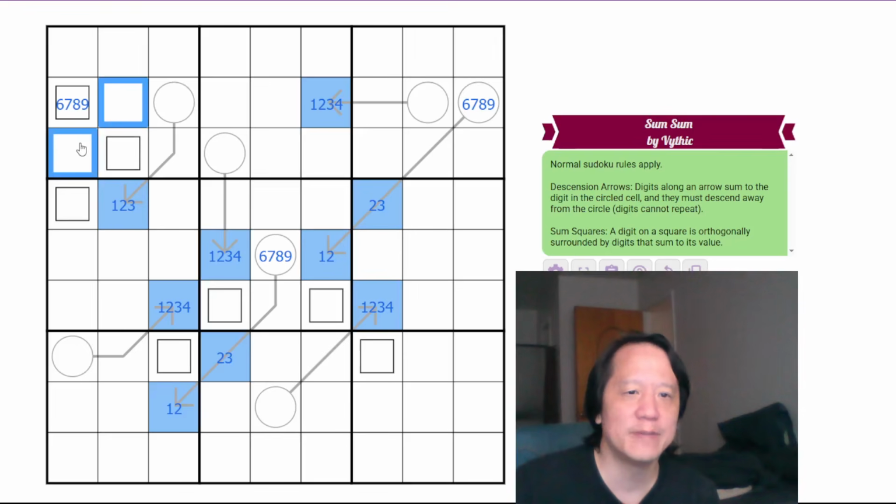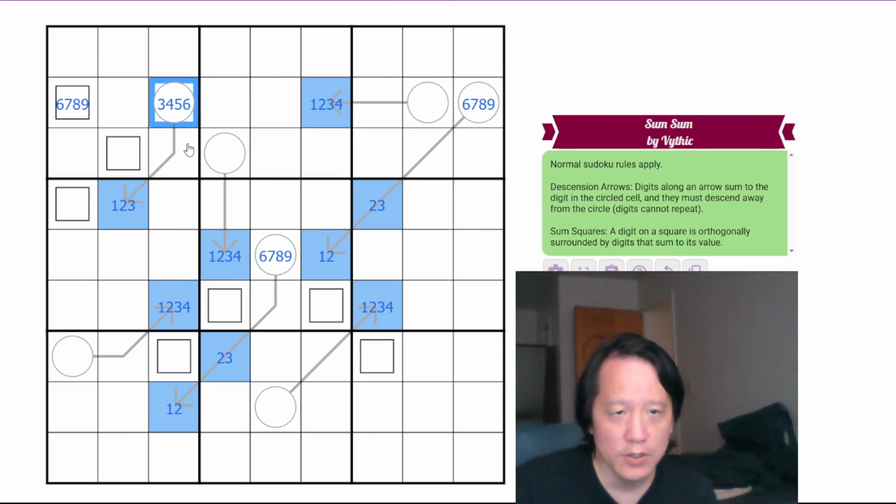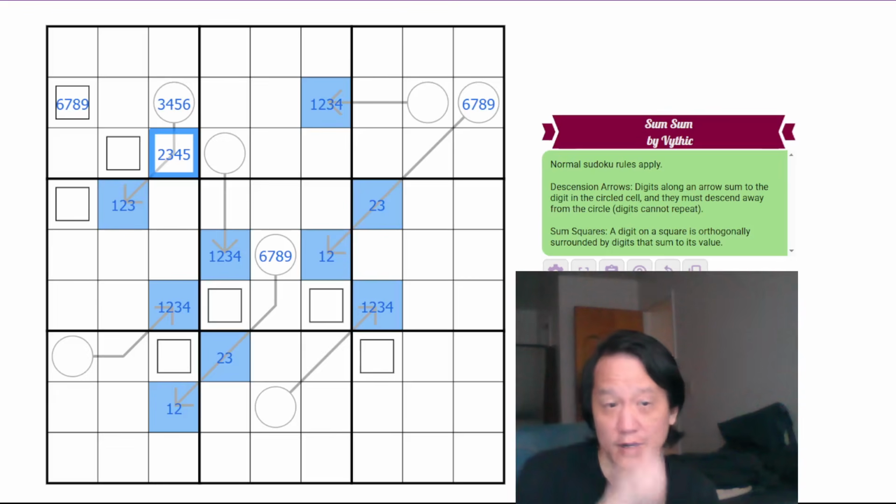So 9 minus 1 and 2 could give you 6 at most here. So this is 6 at most. It has to be down to 3. So that means this digit is 5 at most here. So then it has to be greater than this because of the dissension arrow. So this is 2 through 5.